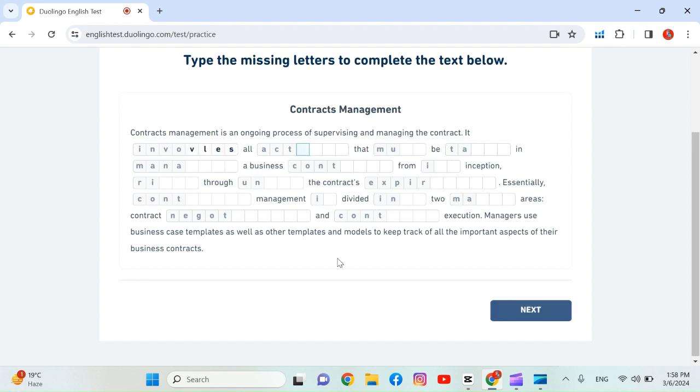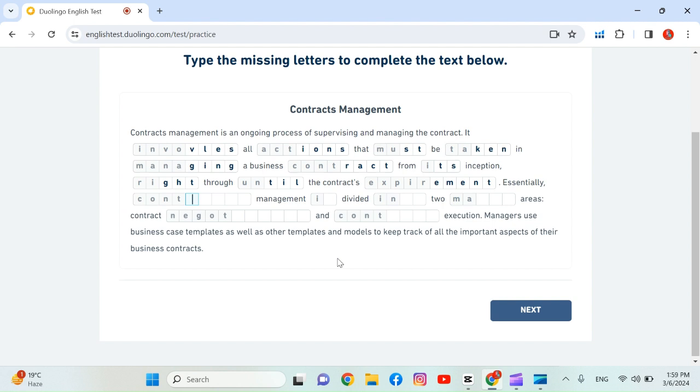It involves all actions that must be taken in managing a business contract from its inception right through until the contract expires.